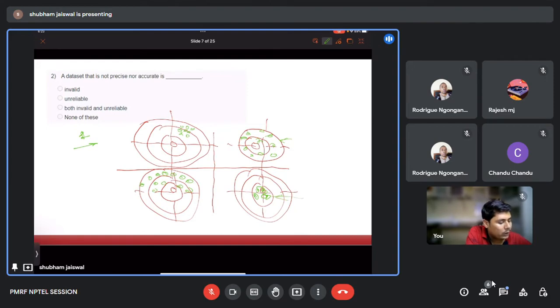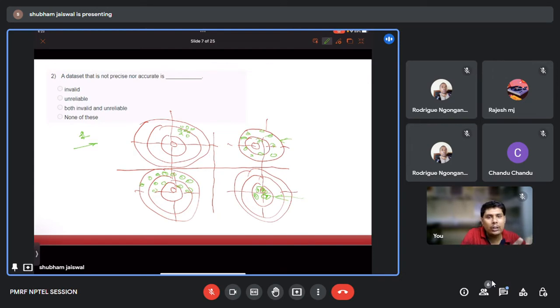So what they are saying is the data set that is not precise and not accurate. If the data is not precise and not accurate, we can't proceed with that data. So the data will be invalid. We can't relate that data with the output that we are getting, so we can't draw conclusions or inferences from it. So we can say that the data is invalid.